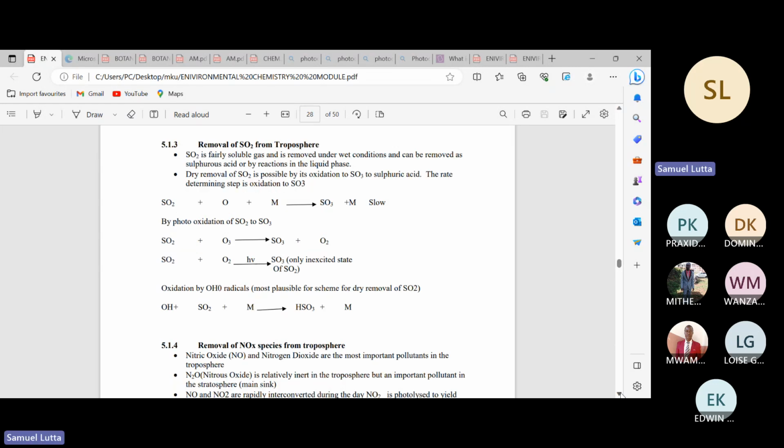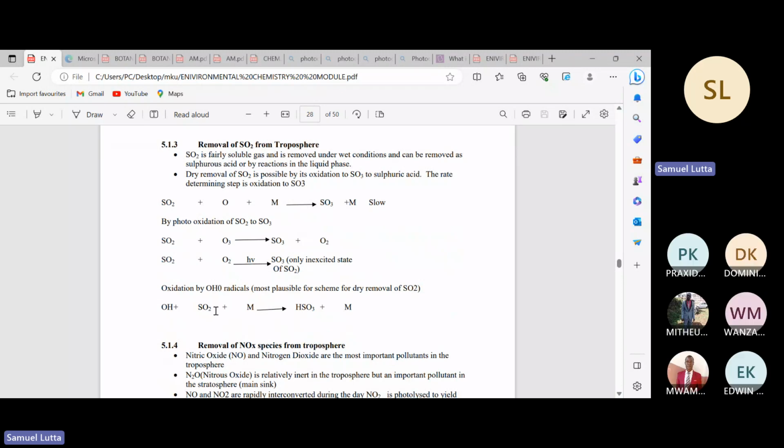And we can also represent this reaction just as we did up there, that this OH can also react with sulfur dioxide in presence of a third body, a catalyst, to form hydrogen sulfide. So this is how sulfur dioxide can be removed from the atmosphere, just through the reaction of atomic oxygen, ozone, oxygen gas, and even the hydroxide radicals.